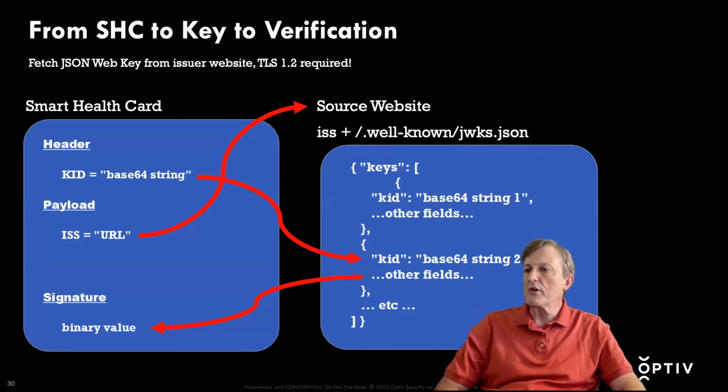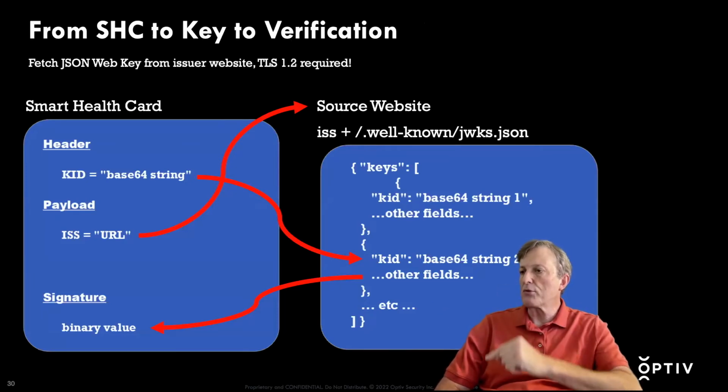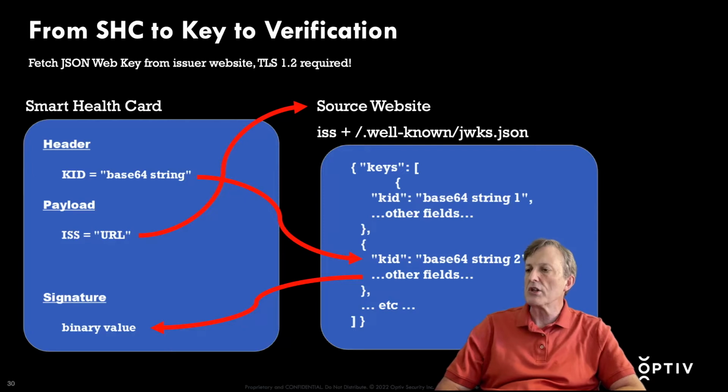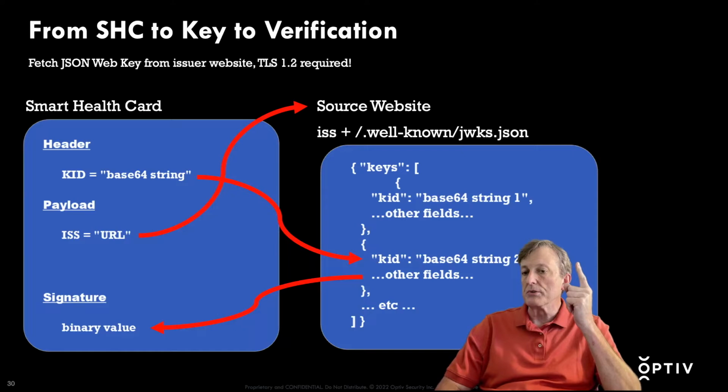And here's how that verification happens. If you have a Smart Health card on the left, you've got the 3 parts: header, payload, and signature. You can pull 2 fields, one out of the header, one out of the payload. The key ID tells you what key you're looking for. If you get the issuer field out of the payload, that's going to be a URL. You go to that website, you use TLS 1.2, which is specified in the spec as 1.2 or above.